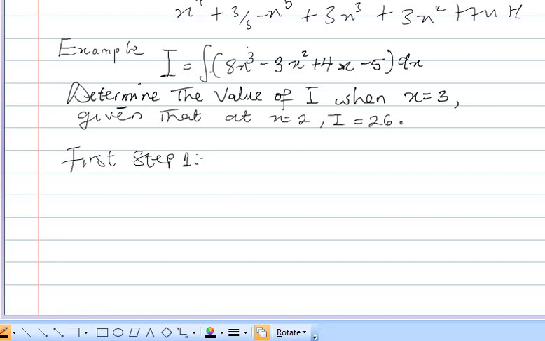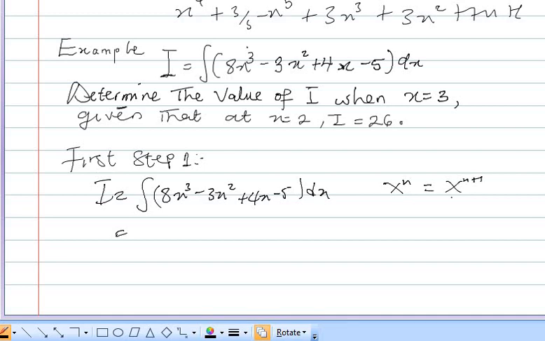So we are to take I equal to the integral of x raised to the power of 3 minus 3x squared plus 4x minus 5 dx. So you can just apply the formula: integral of x to the n is x raised to the power of n plus 1 all over n plus 1.